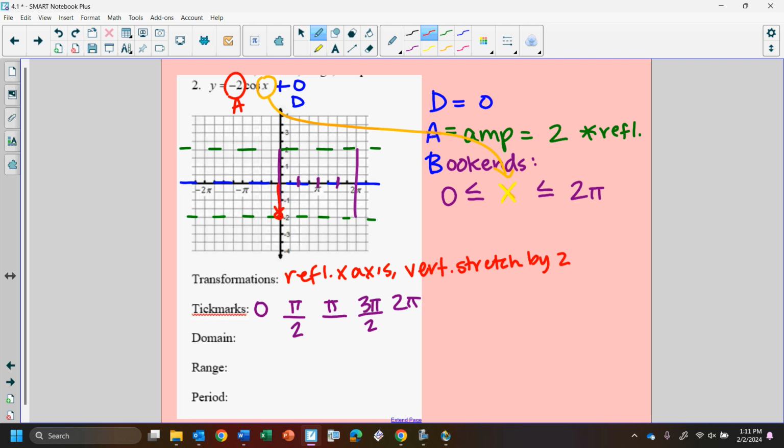Negative 2. It should be 2 down from that center line. Does that make sense? Yeah. Line up to pi over 2, your next tick mark. That point should go right on the dividing line.